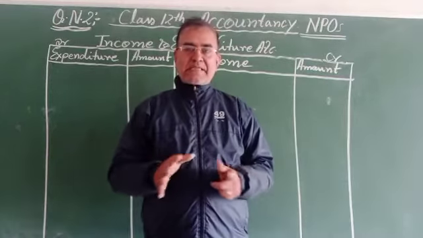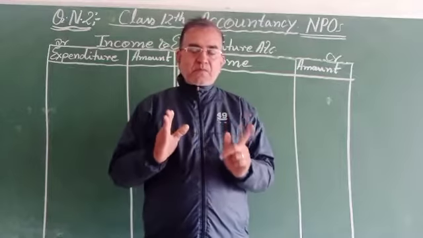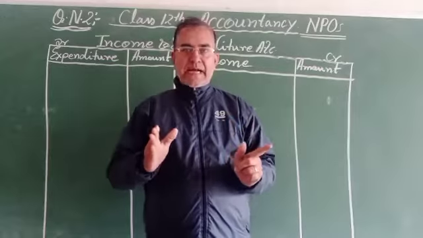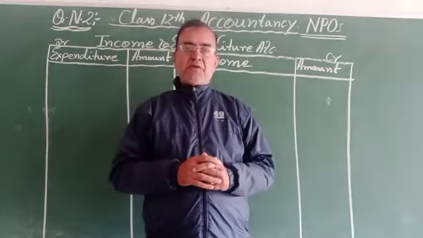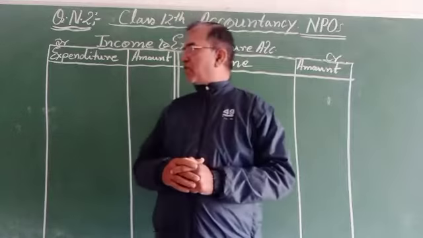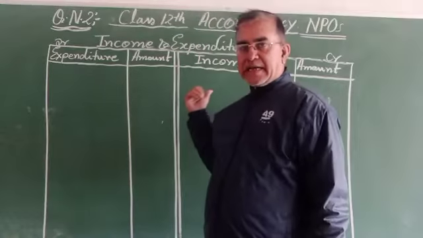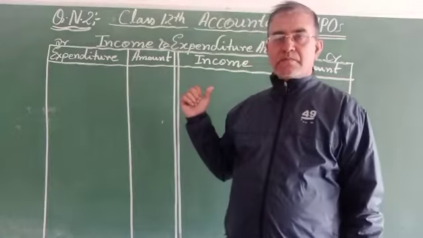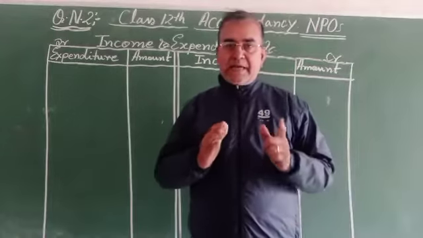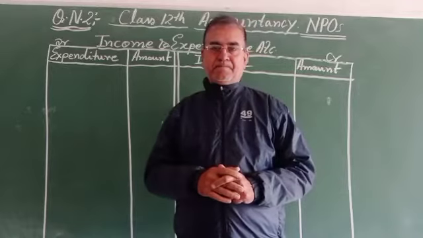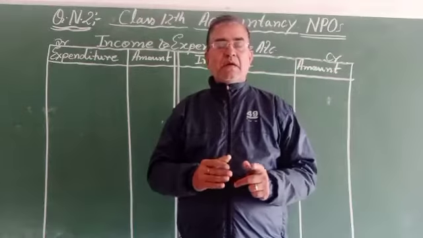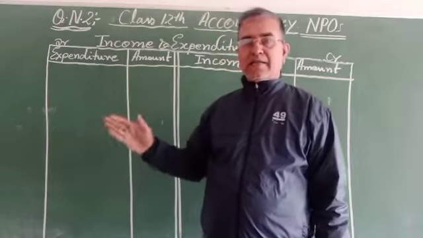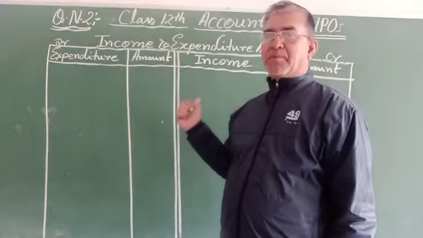If no information is given, we have to consider entrance fees as a revenue receipt and put it in the credit column, the income column of the income and expenditure account. And if the information is given that this is treated like a capital receipt, then that will be part of the balance sheet.